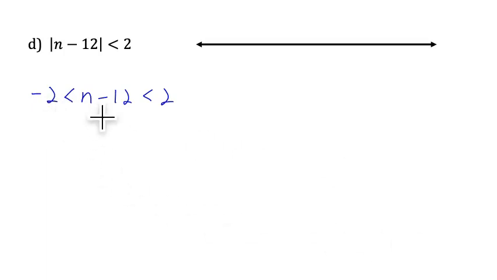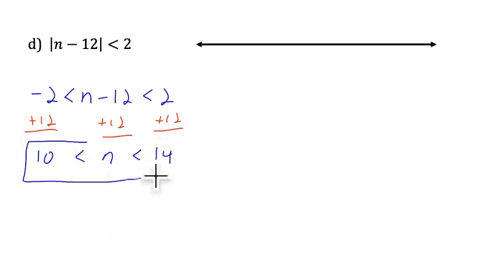Now when I do my inverse operations, I'll be doing them in 3 places, on all 3 sides. So I have 10 is less than n, which is less than 14. So n is in between 10 and 14, not including those two endpoints.